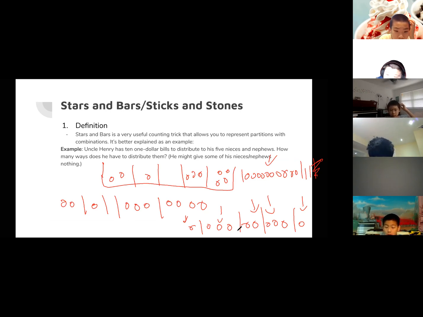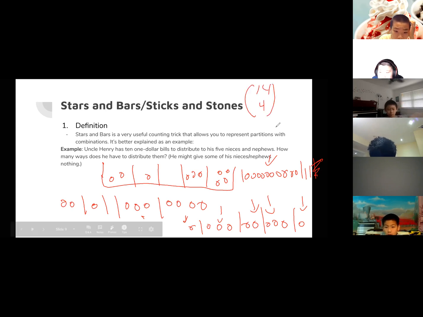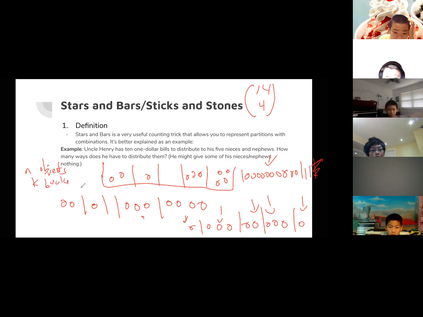And therefore, we have 14 different positions here. We have to select 4 of them to be a divider. So the possibilities are just 14 choose 4. And in general, if you have n objects and k buckets, you are going to be looking for n plus k minus 1, choose k minus 1.